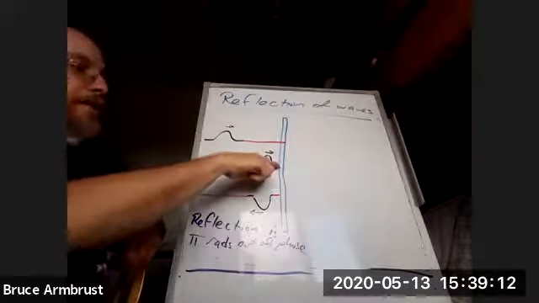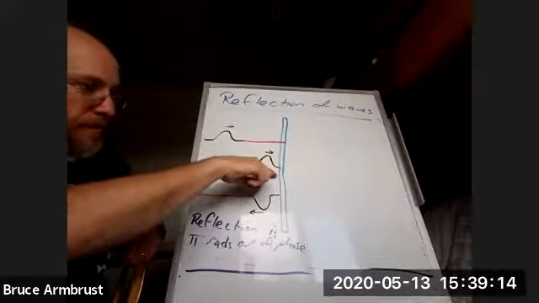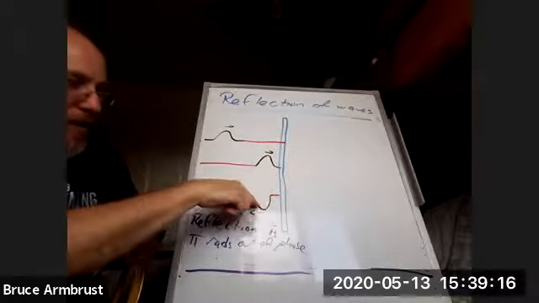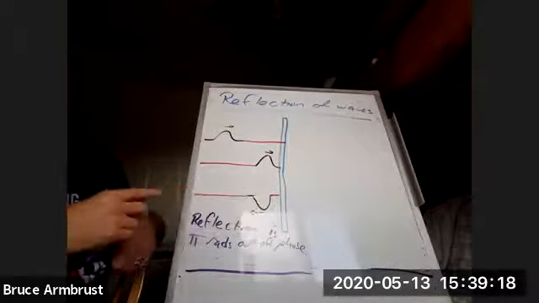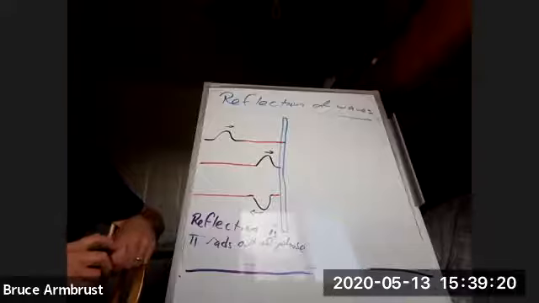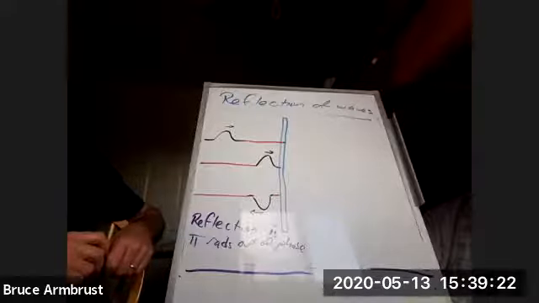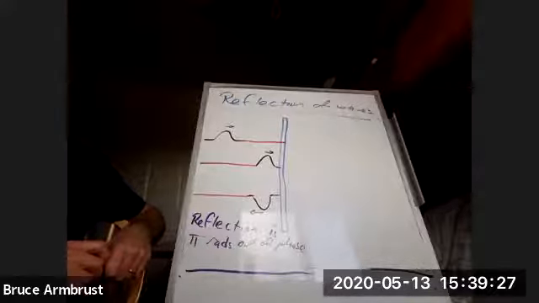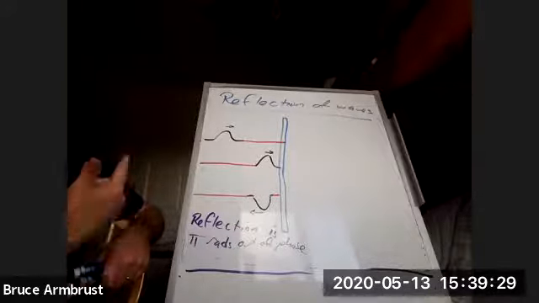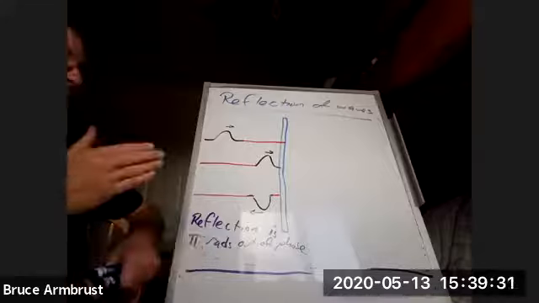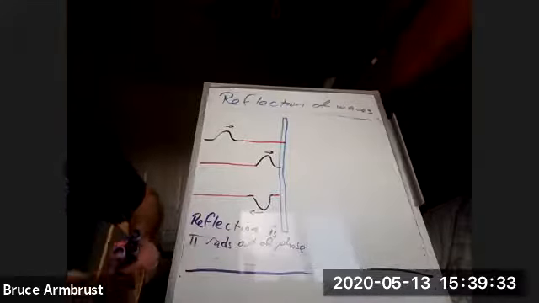So then all of a sudden it starts pulling it down, and it keeps pulling it down until it's all pulled down and moving away. So it's actually good old Newton's law that makes that happen. All right, so in this case, reflection is exactly pi radians out of phase.